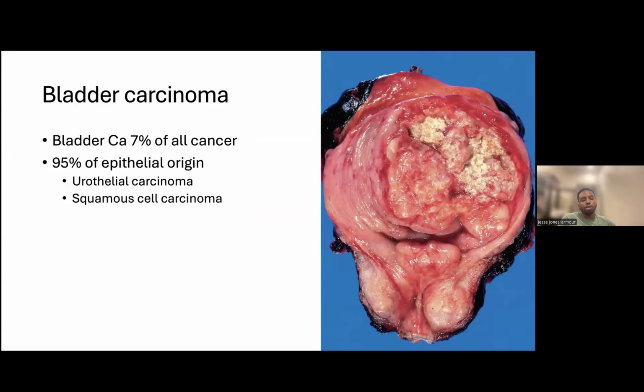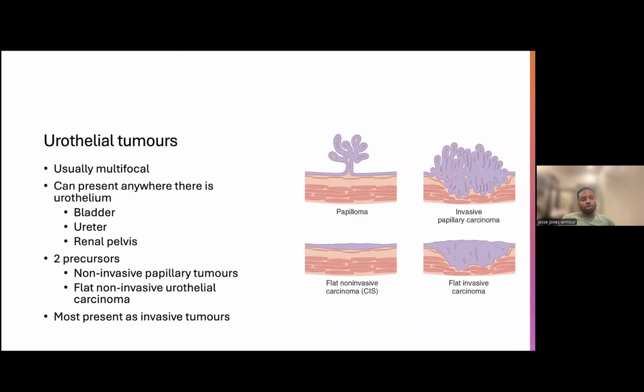So bladder carcinoma accounts for 7% of all carcinomas. 95% of it is of epithelial origin, and the majority of those epithelial carcinomas are urothelial carcinoma, and then the rest would be squamous cell carcinoma. Urothelial carcinomas are usually multifocal. They can present anywhere there's urothelium, which is the bladder, ureter, and renal pelvis, as I mentioned before.